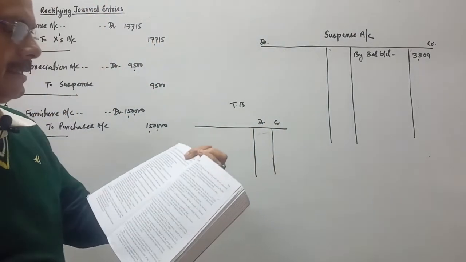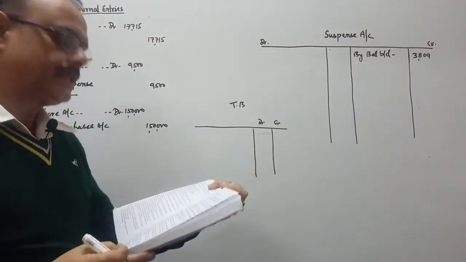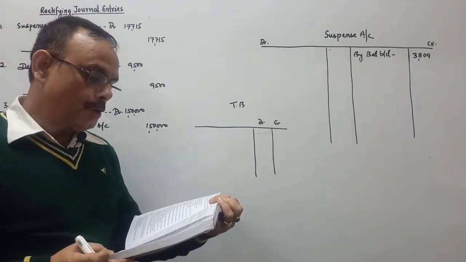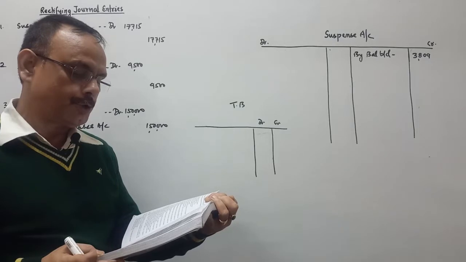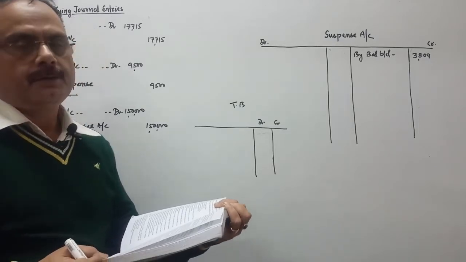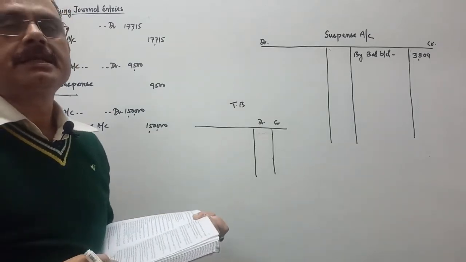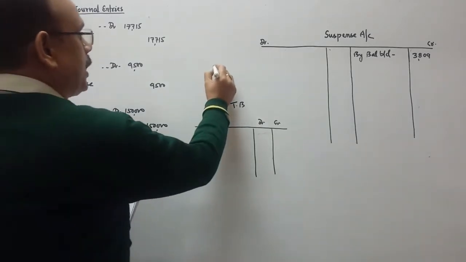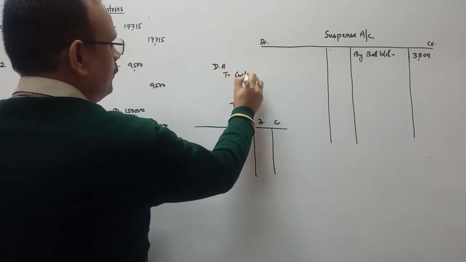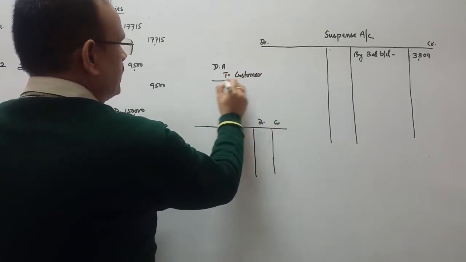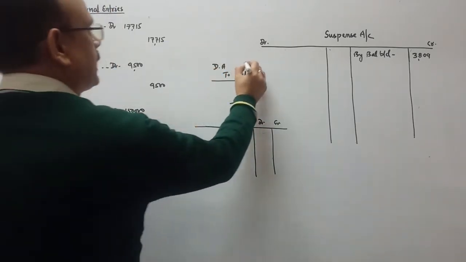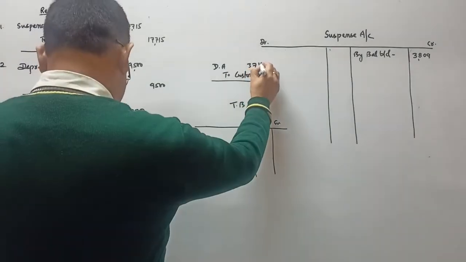Next error is a discount of rupees 3,742 allowed to a customer has been credited to him as 3,648. When we allow the discount to a customer, you know the entry: discount allowed account debit to customer account. Discount allowed will be debited and customer account will be credited. This is the amount, 3,742.